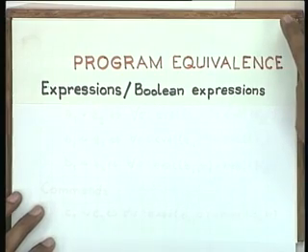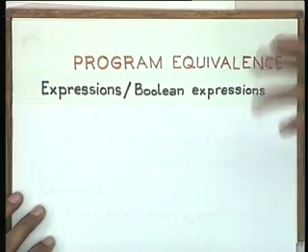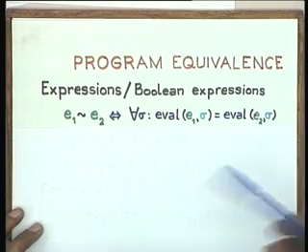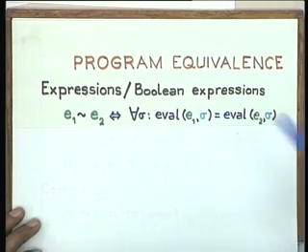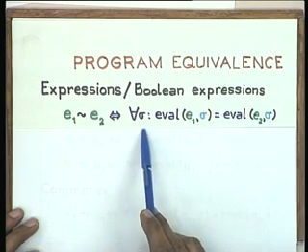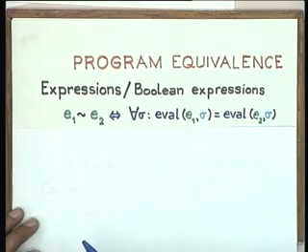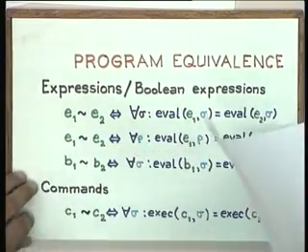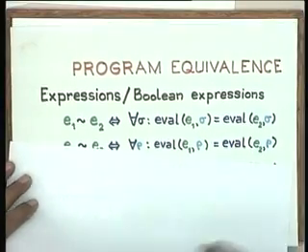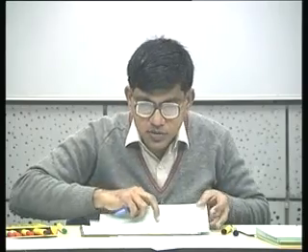So let's look at program equivalence in the context of this language, and we'll start with expressions. Two expressions are equivalent if and only if for every state sigma in which they are both evaluated, they yield the same values.